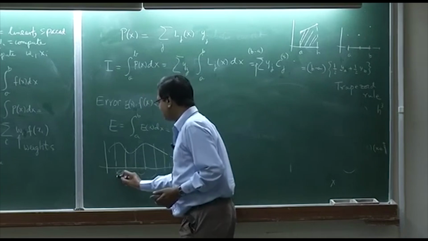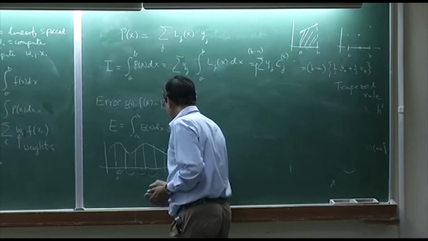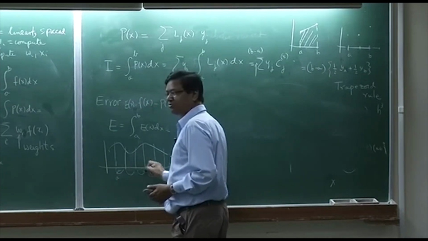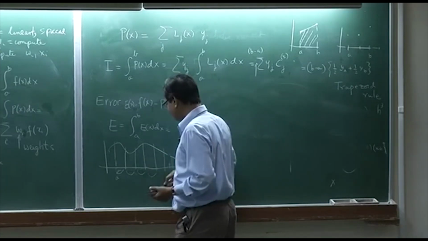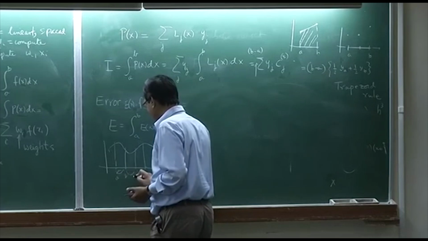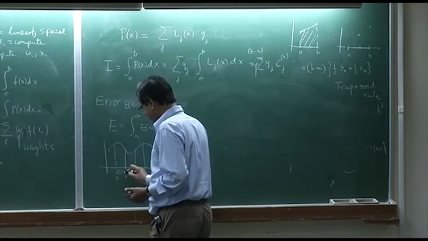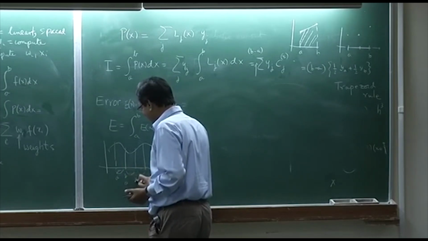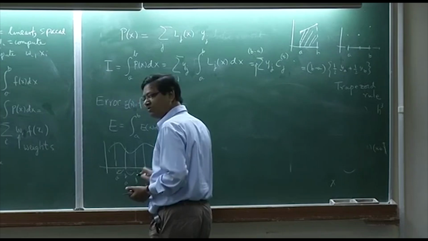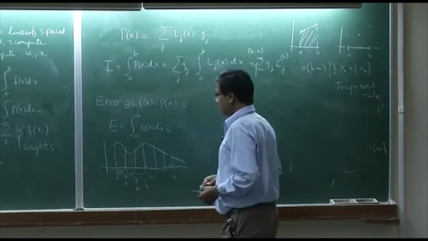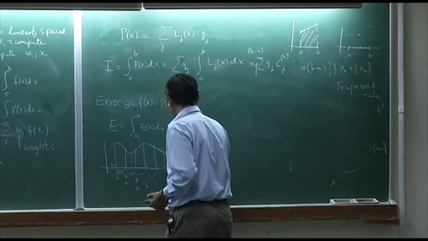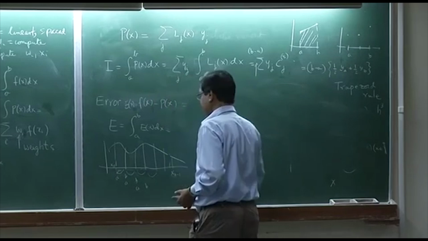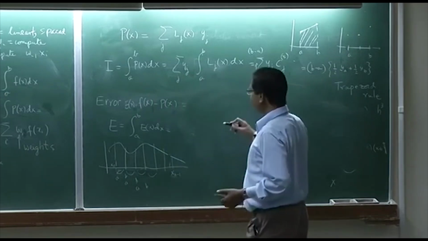So this is point A and B, but I have intermediate points. So actually, if you may call this B, then this is again AB, like this. This is what I am trying to do. So this is x0 and this is x(n minus 1). So the trapezoid rule will give you what?